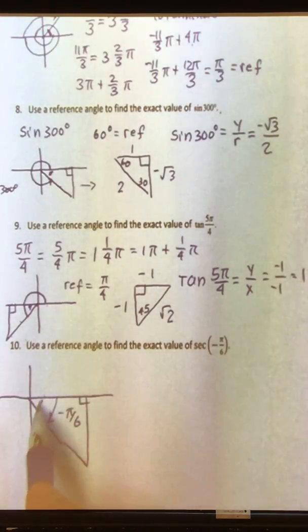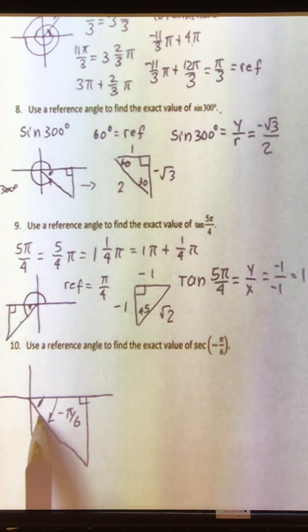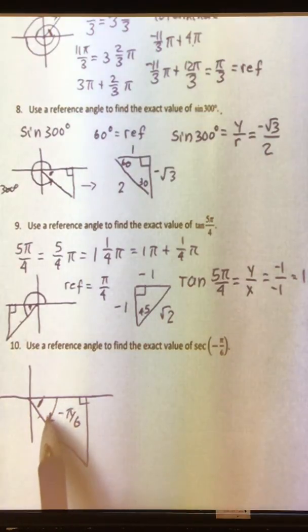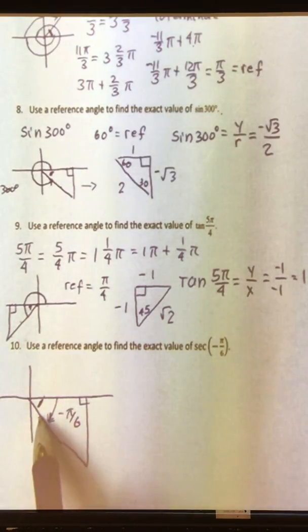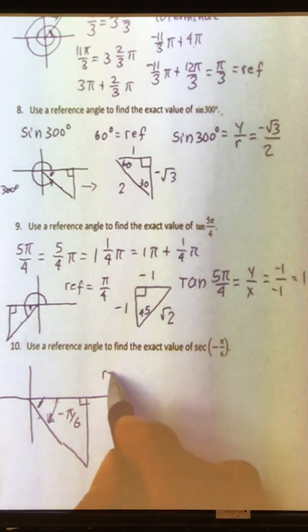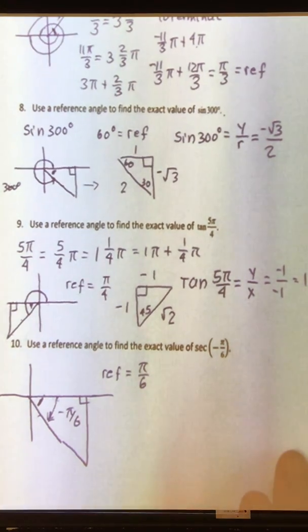It's this amount right here. We could go get the positive coterminal angle this way, but measuring -pi over 6 in this direction is the same as measuring +pi over 6 sweeping in that direction. So the reference angle here is +pi over 6.